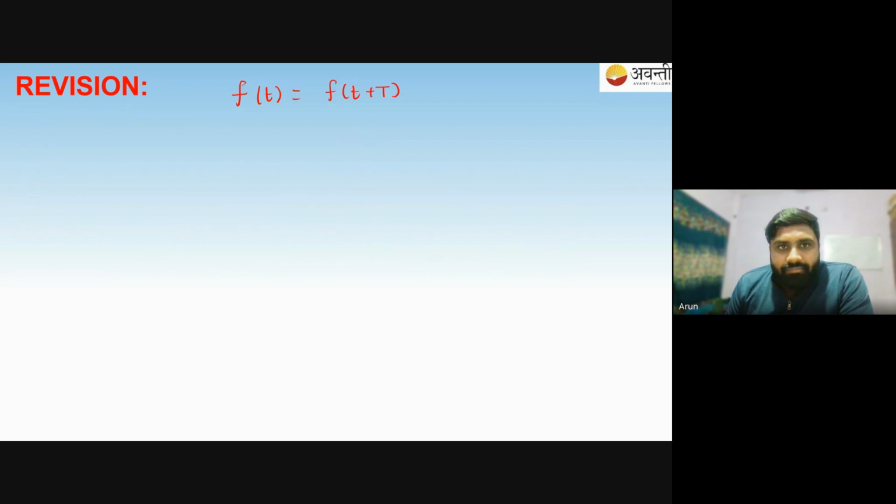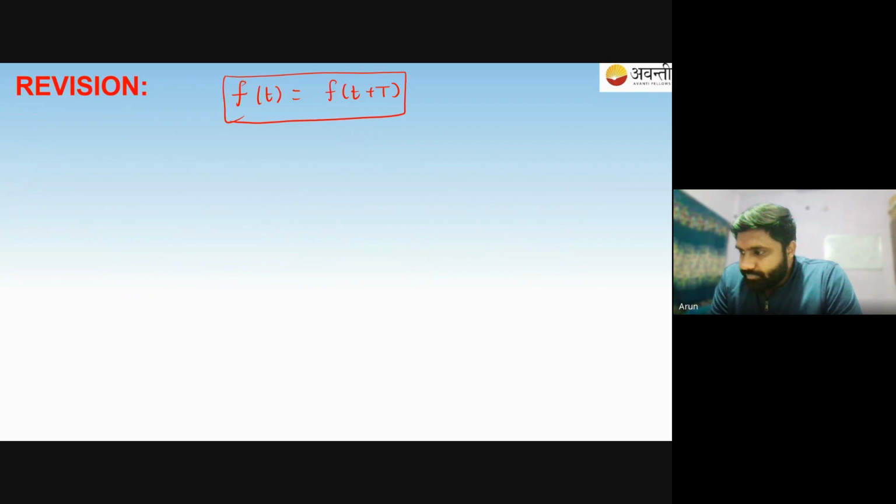That kind of function is termed as the periodic function. So this is the periodic function that we have in our hand.